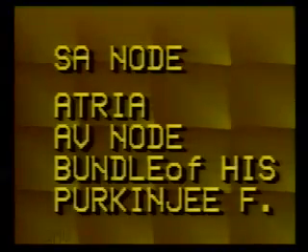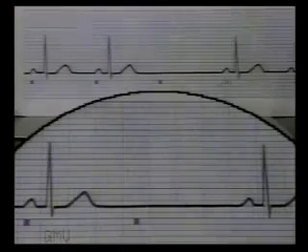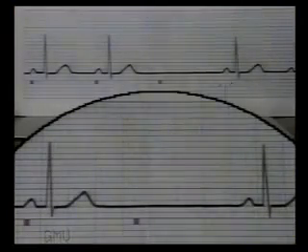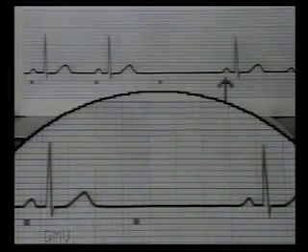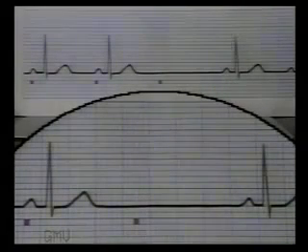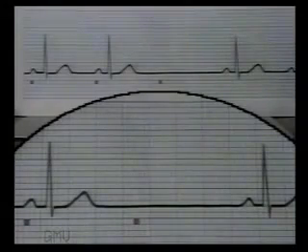But the SA node is the fastest and most dominant pacemaker, which does not normally allow any other cell to fire the impulses. But when sinus arrest occurs, the lower centers temporarily escape from the depolarizing impulses of the SA node, and one of them fires an impulse till the SA node takes over again. So if this beat following the sinus arrest comes from one of the lower pacemakers, it is called an escape beat, indicating an escape from the inhibition of the SA node.